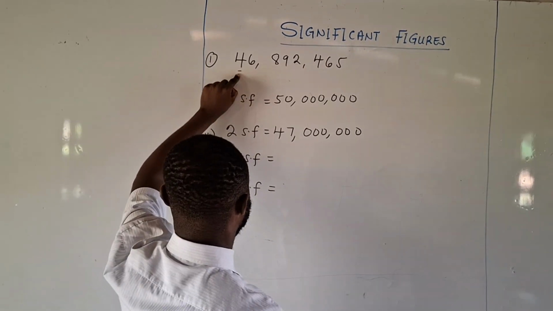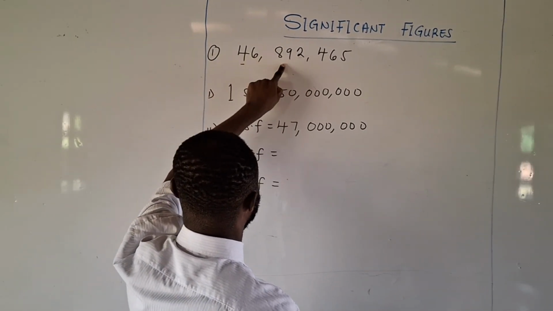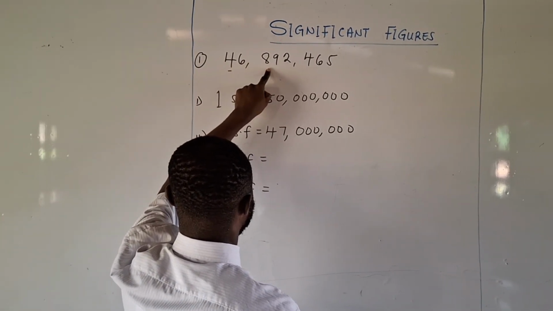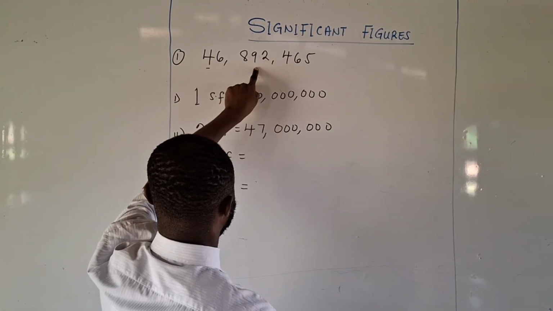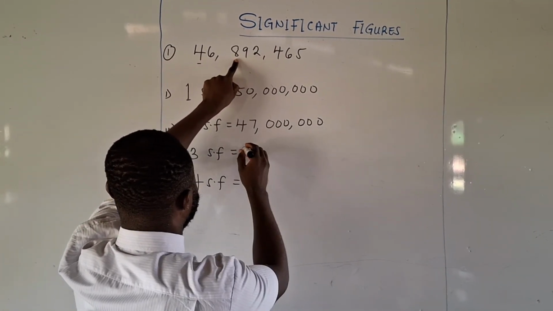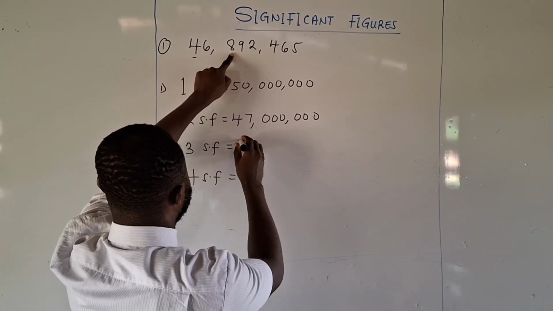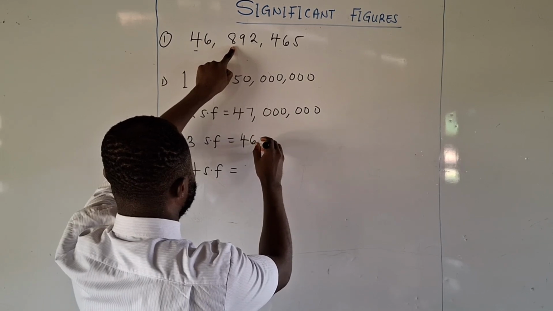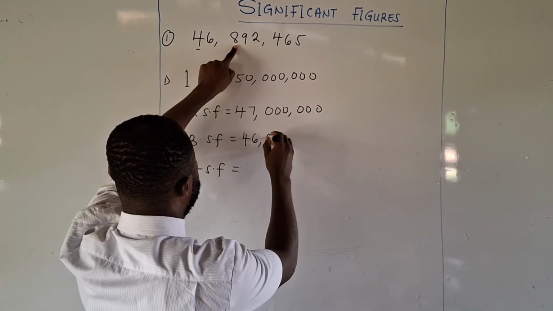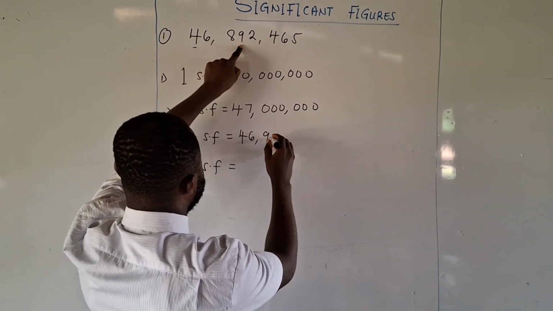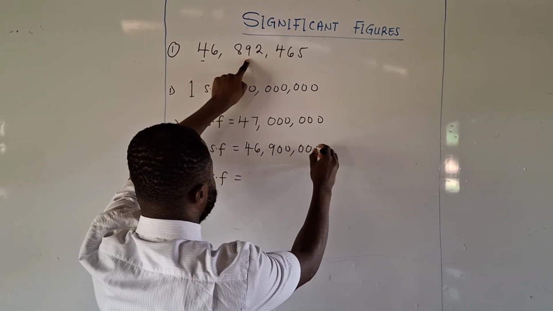So the first one is 4, second one is 6, the third one is 8. But the number after the 8, which is 9, is also a roundable number. So we add 1 to the 8, making it 9. So we have 4, 6, then we have 9, then here 0, 0, 0, 0, 0.